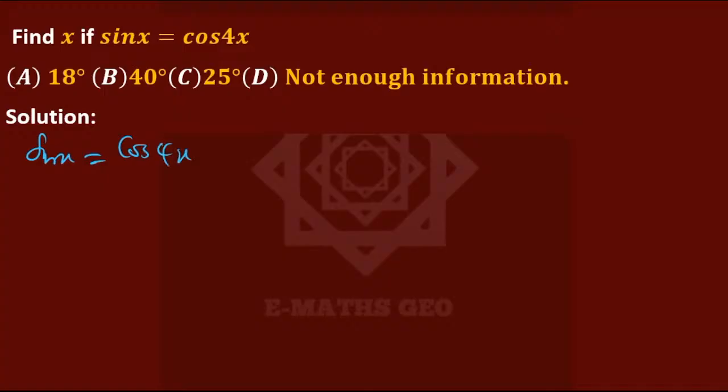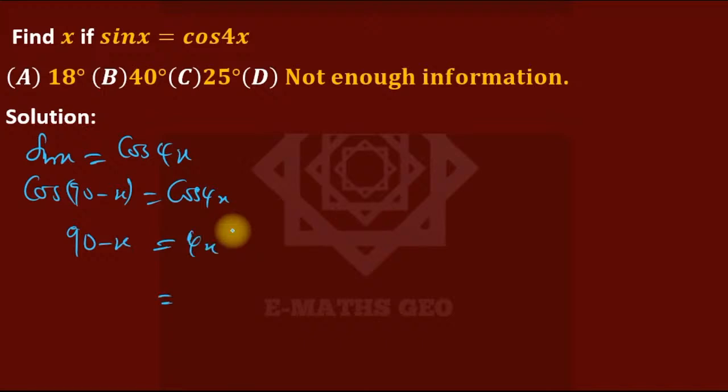I can convert sine to cos, which is now cos of 90 minus x. I did it so that both left and right will have the same function. So this is now easy because what we have here is cos and what we have here is cos. So the angles must be the same. So 90 minus x must be equal to 4x. So this crosses to be plus: 4x plus x is 5x. Remember 90 degrees. So the answer is 90 over 5, which is 18. So the answer is option A.